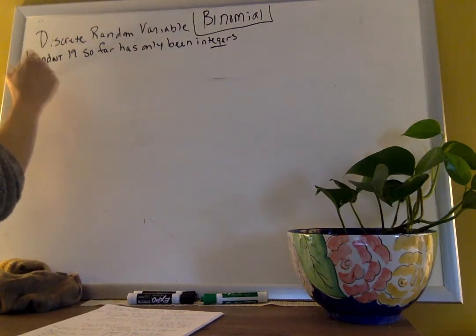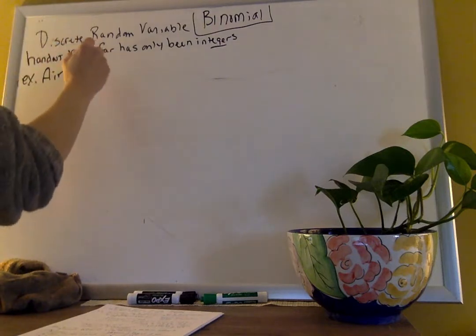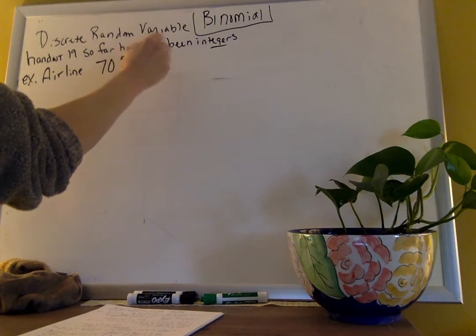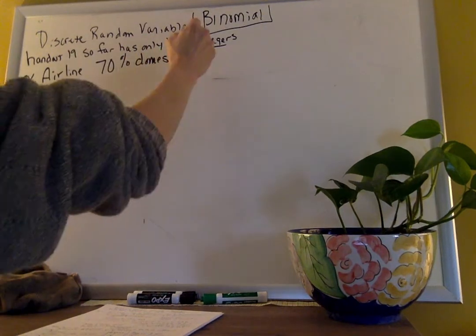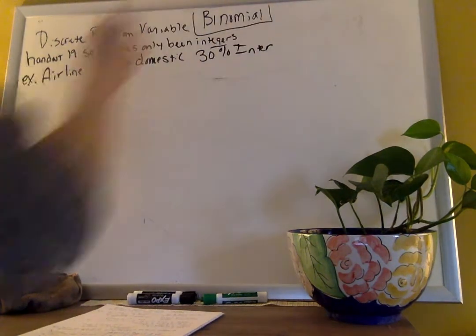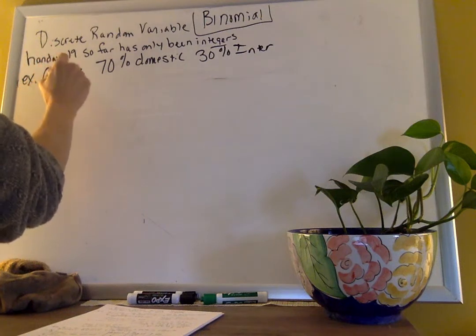Let's say there's an airline, and some airlines fly domestic, some fly international. Let's say for some particular airline, 70% of their flights are domestic, 30% are international. We're going to look at the next 3 flights.